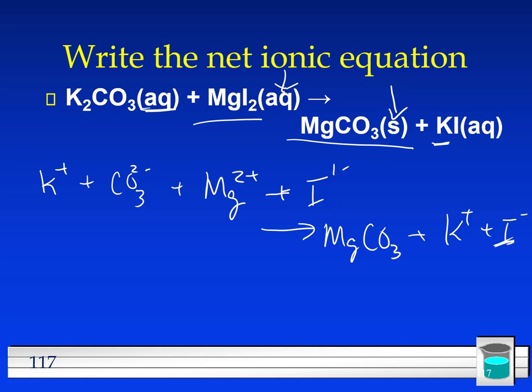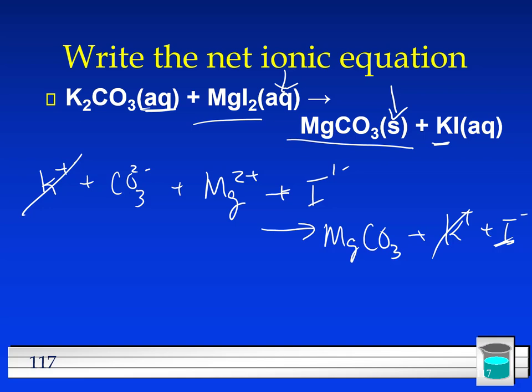But it didn't ask me for the complete one. It asked me for the net ionic equation. So any spectators I can eliminate? So I look, is K plus on both sides? Yep, so it goes away. Is CO3 2 minus on both sides? Well, it's not.